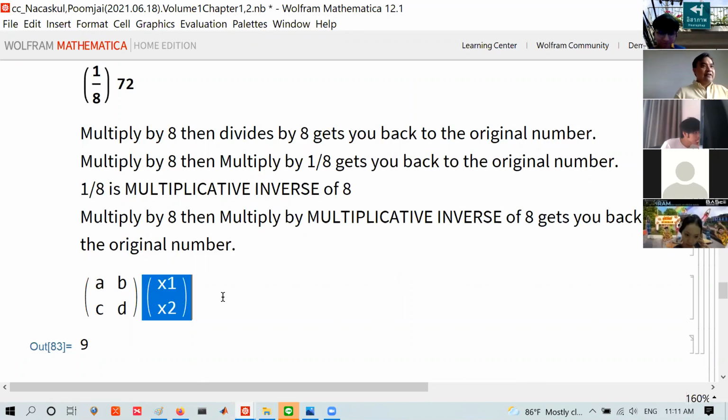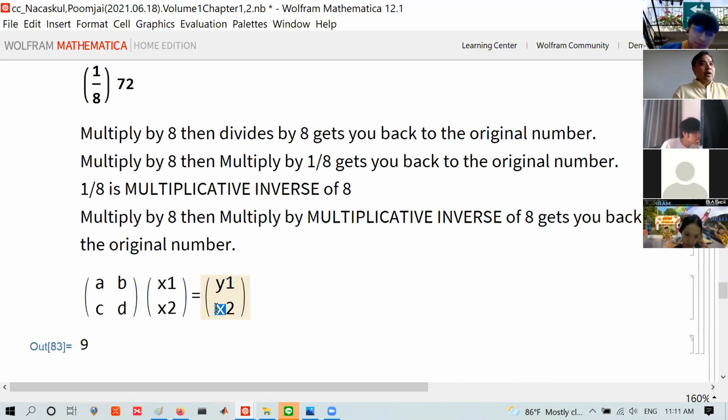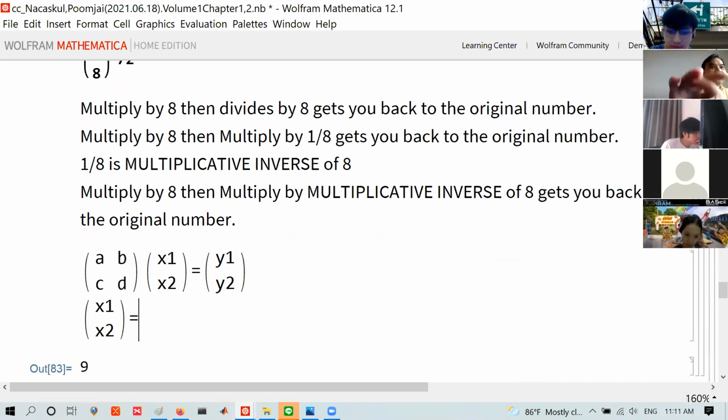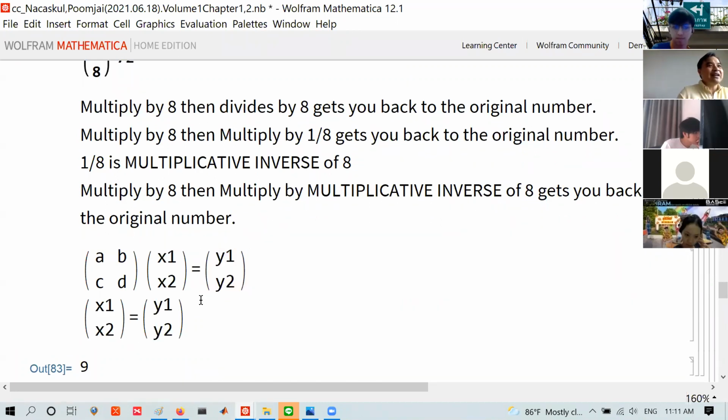And this is going to give you y1 and y2. I want to do this equal to... Now look at this quickly and then erase it out of your mind because this is completely illegal.